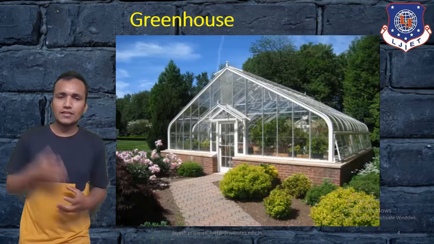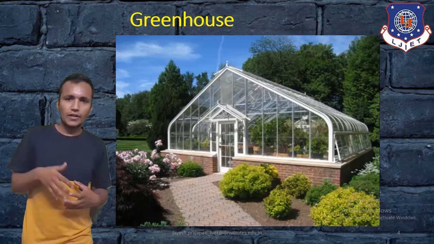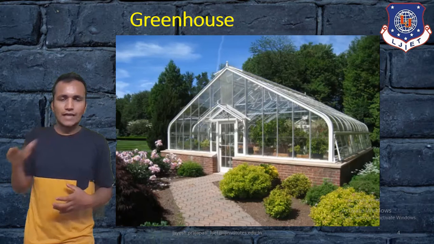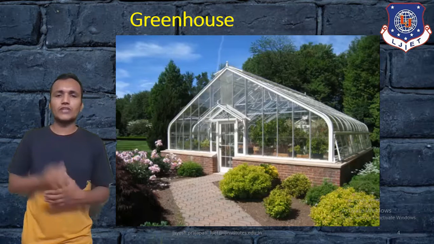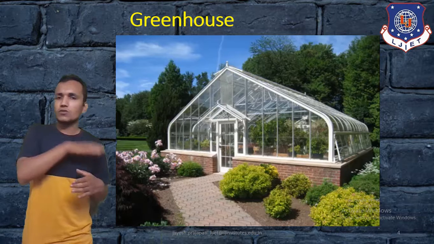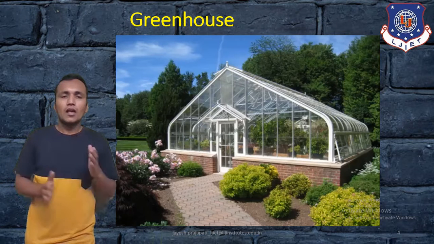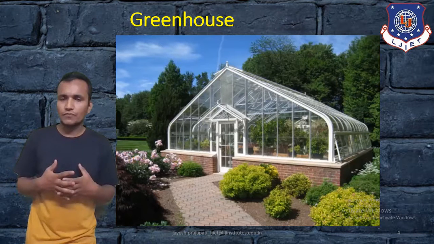Whenever the sun rays enter this glass chamber, they penetrate the glass plate and are reflected back into the chamber. That means the rays do not go outside the chamber and the whole chamber temperature increases. That is the greenhouse effect.